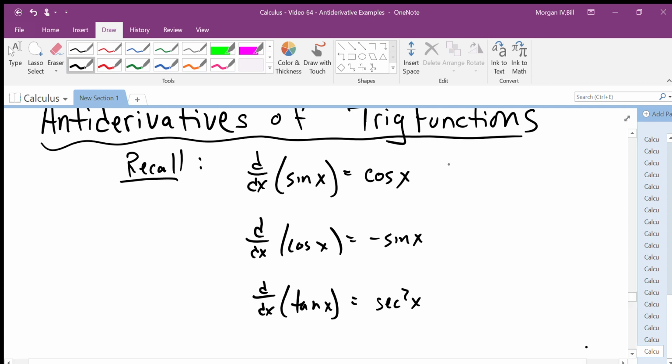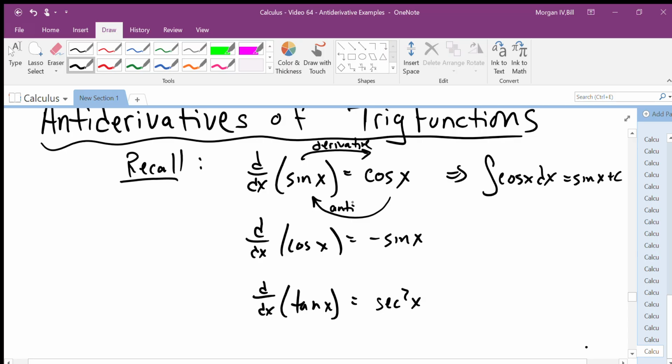This means that the antiderivative of cosine of x dx is sine of x plus c. It's going backwards. The forward way here, that is the derivative. Going backwards is the antiderivative. So the integral, or the antiderivative, of cosine of x dx is sine of x plus c.